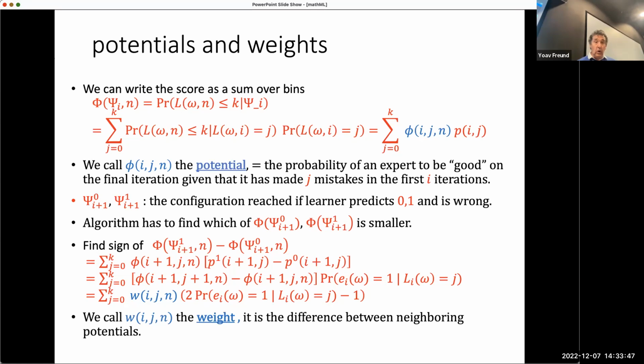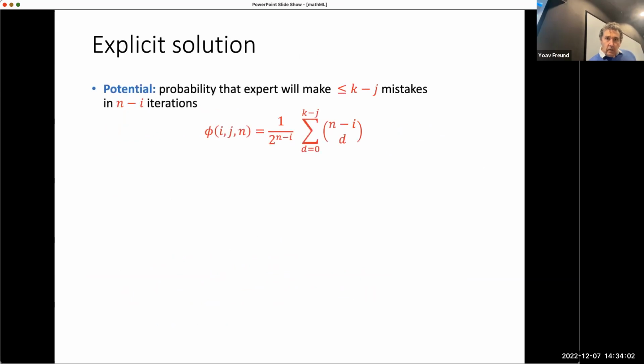Okay, so we call this one the weight, and that's the difference between neighboring potentials. So if you have two potentials, the difference between them, and it will later be the gradient, is the weight. What I wrote before is a generic thing that you could do for different games.